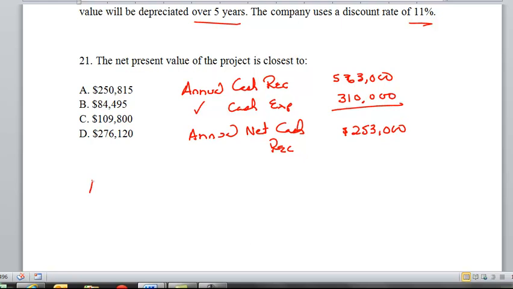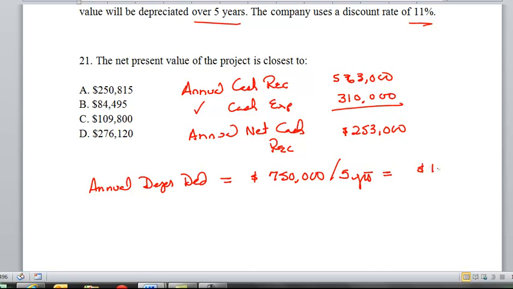Then we want our annual depreciation deduction, which is going to be equal to the initial investment, which is 750,000, divided by the useful life of 5 years, which is our tax life. So that means we're going to have an annual depreciation of 150,000.